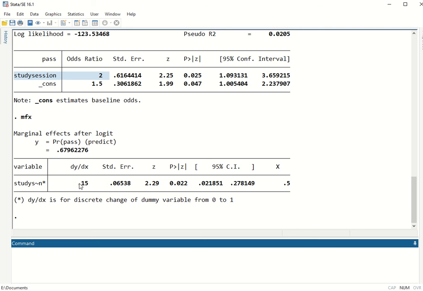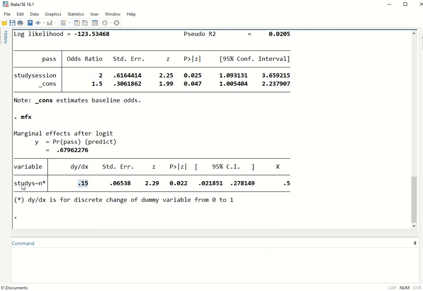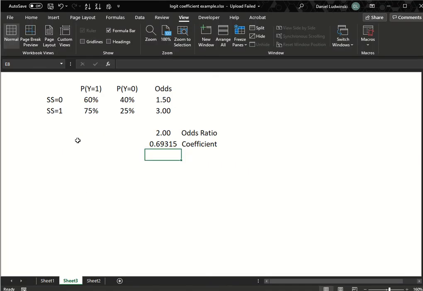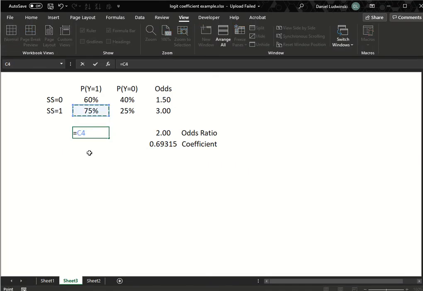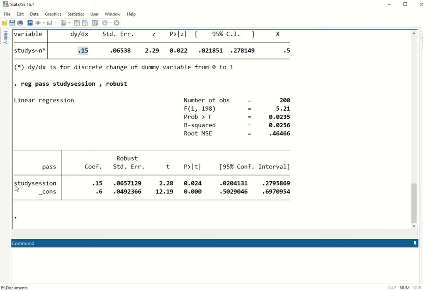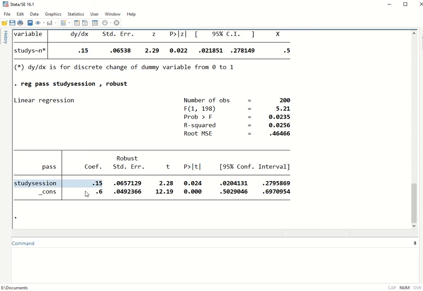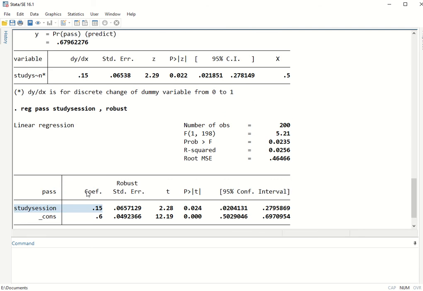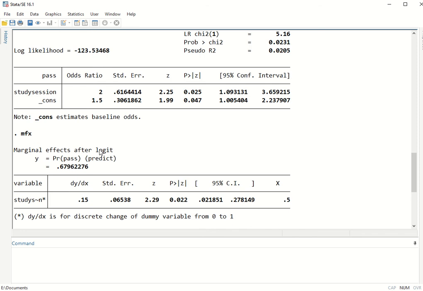What this shows is the predicted change in the probability of passing of 0.15, or 15%, which is that difference here. If we do a linear model of passing on the study session, and don't forget those robust standard errors, we also get that 15%. In this very simple case where we don't have any covariates, marginal effects and the linear model are giving us the same estimates.